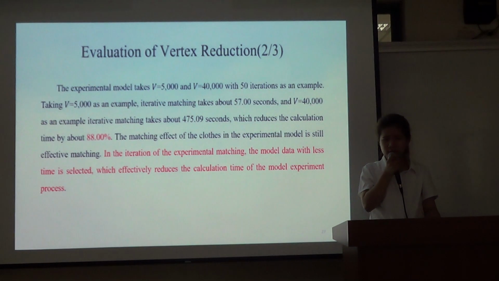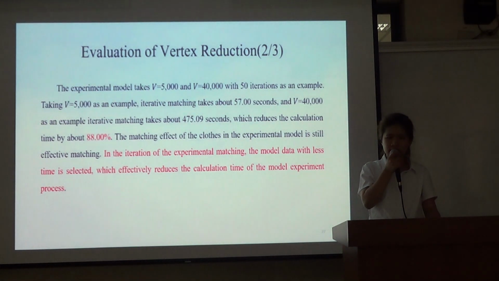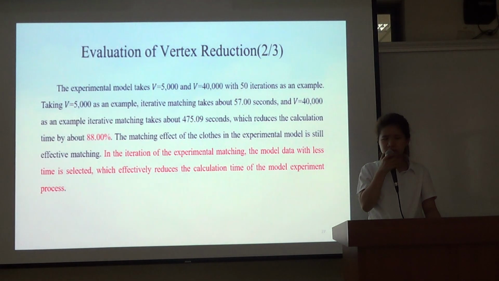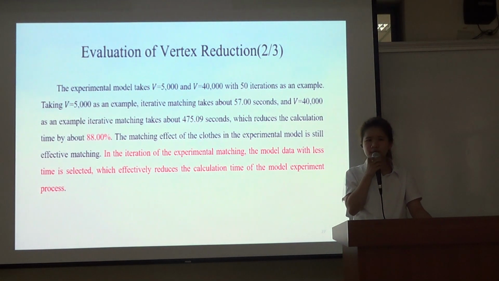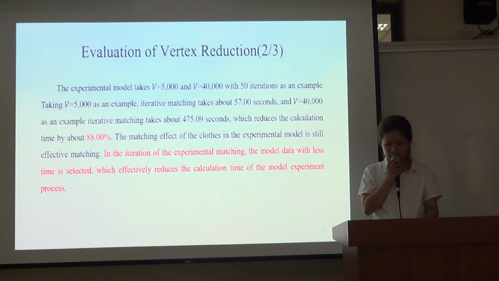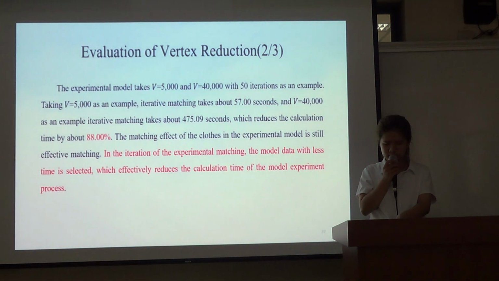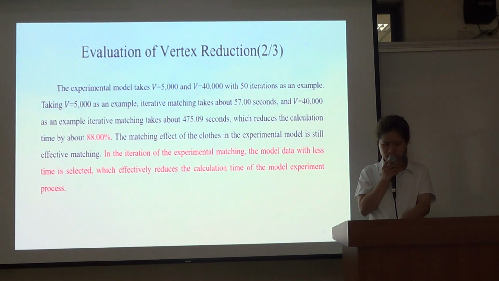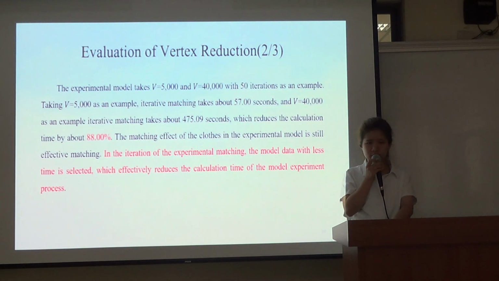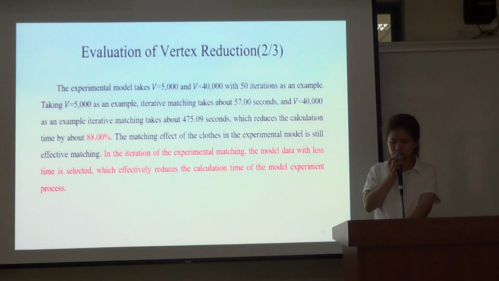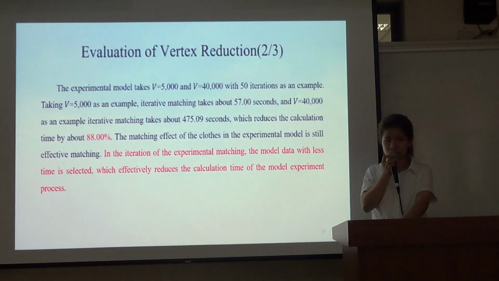Taking V equal to 5,000 as an example, the iterative method takes about 57 seconds, and V equal to 14,000 as an example, the iterative method takes about 475.09 seconds, which reduces the conversion time by about 88%.